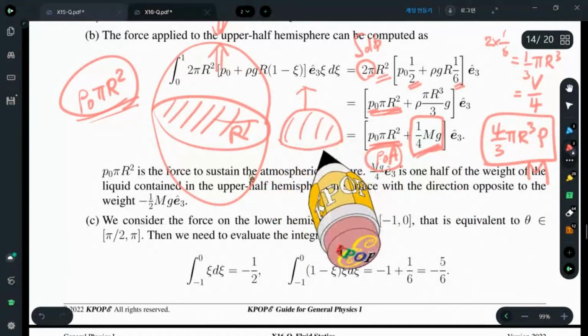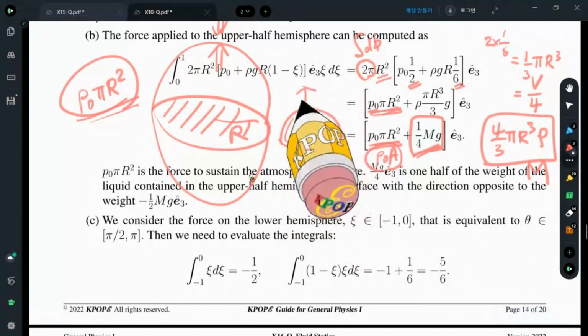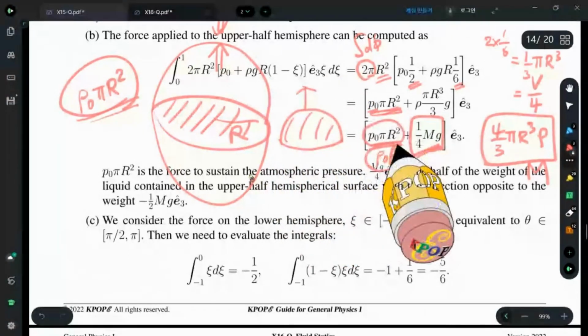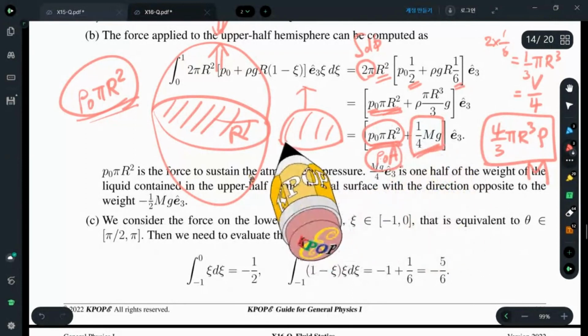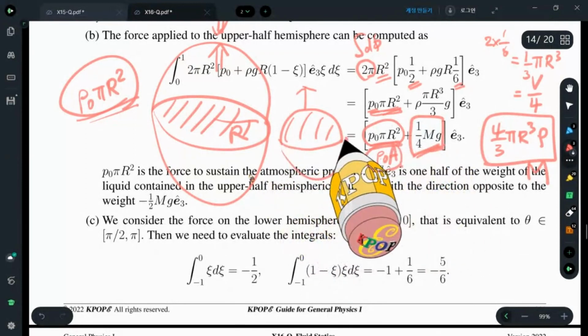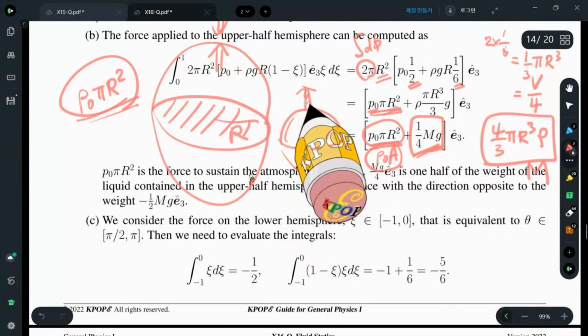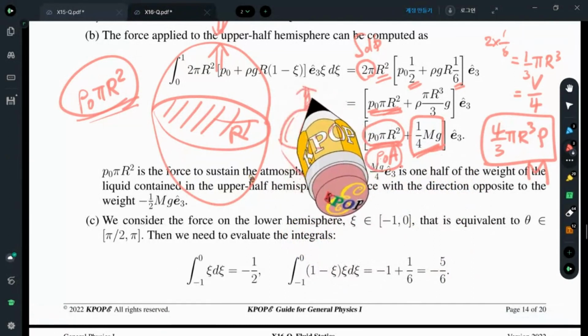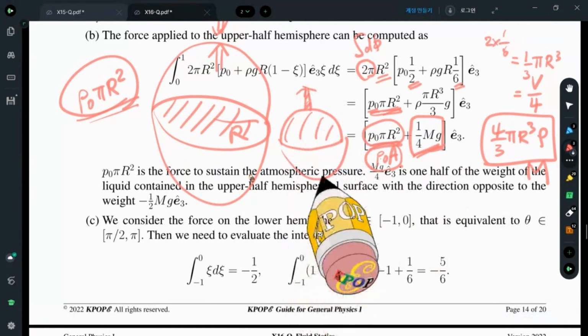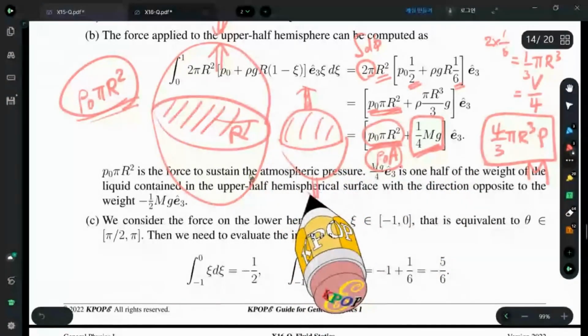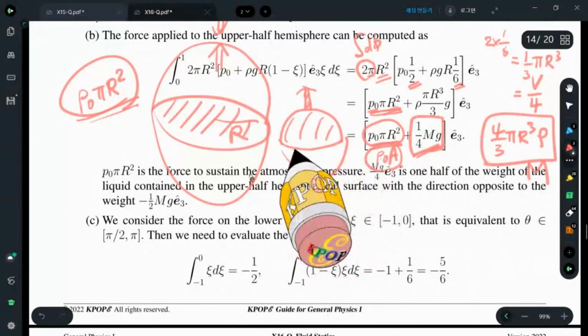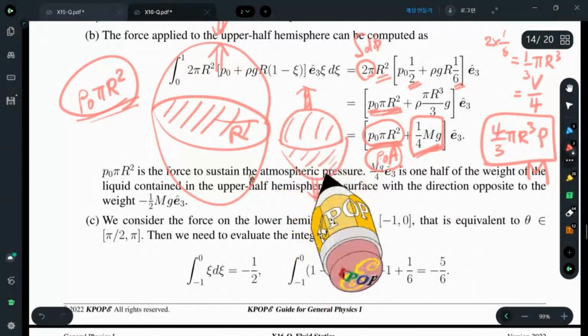This liquid applies the force by this amount, and in addition, 1/4 of the whole amount of mass is going up. It's very important. Because of this, you expect the amount of force pressing down the lower hemisphere.